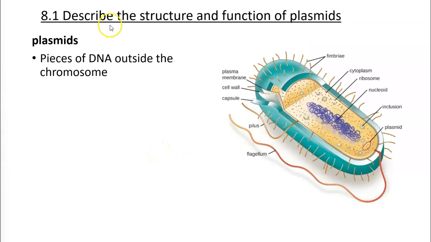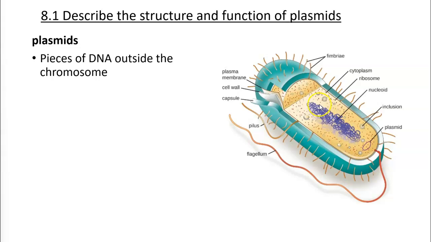One of the last things I want to talk about in this section is the concept of a plasmid. So here's that picture of the prokaryotic cell we've looked at before. Here's that single circular chromosome that's all folded up in the cytoplasm there. But you also notice that there's another little circular thing right here, and that's called a plasmid. A plasmid is a piece of DNA outside of the chromosome.